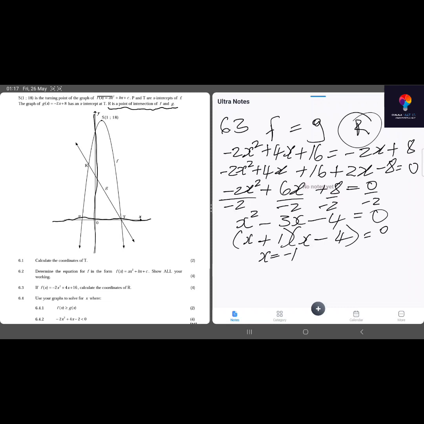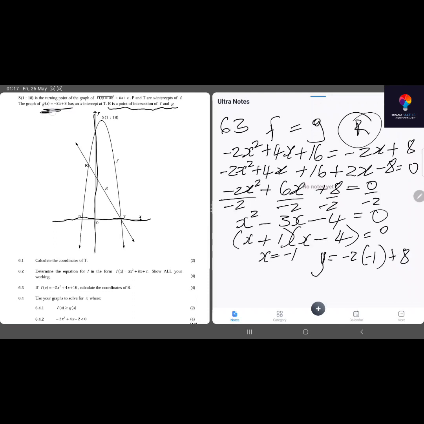So I'm going to use minus 1 in this case. For us to get the y coordinate, we're going to say y is equal to minus 2x plus 8.